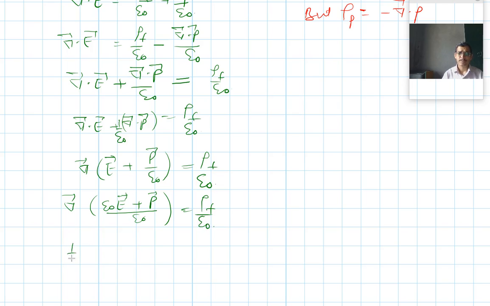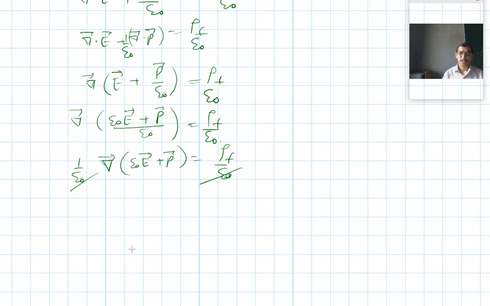Here 1 over epsilon naught can be taken outside, so this will cancel out. Then del dot of epsilon naught E plus P is equal to rho f.